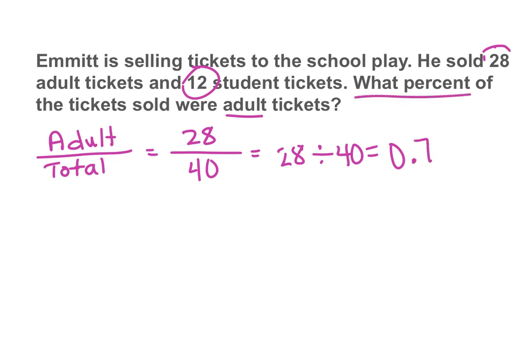They want a percent. So change that decimal into a percent. And what do we need here? We have two spots, the 7 and this, so you have to put a placeholder 0 there. And 78% were adults.